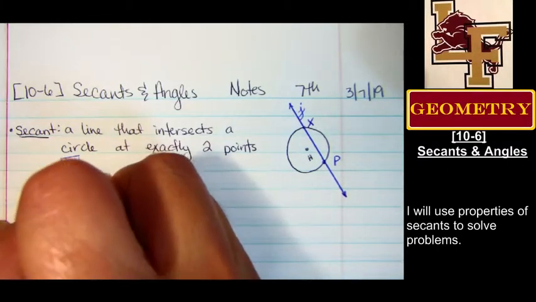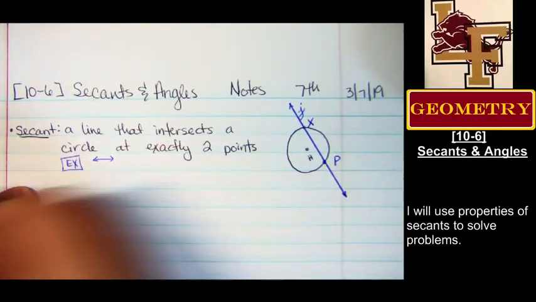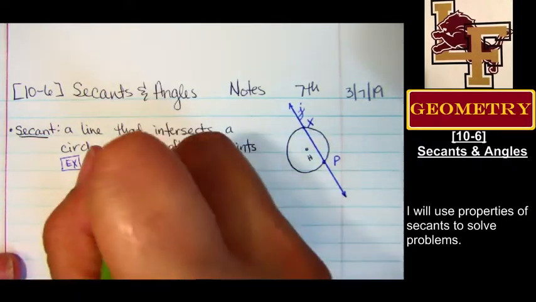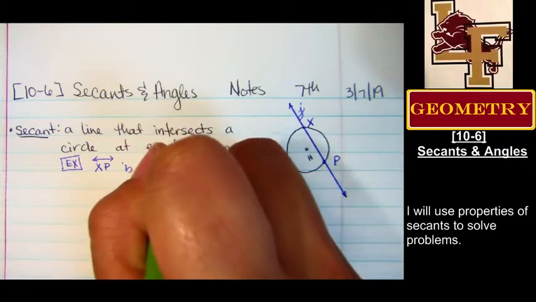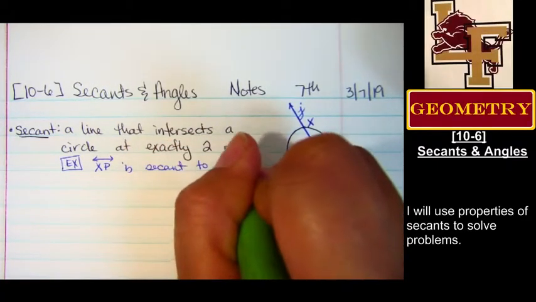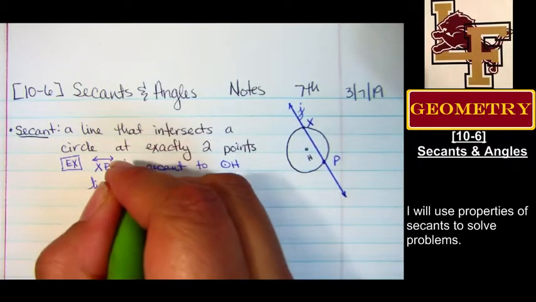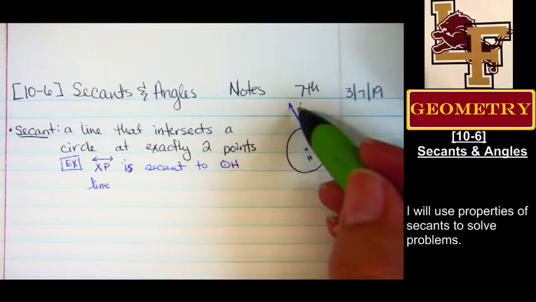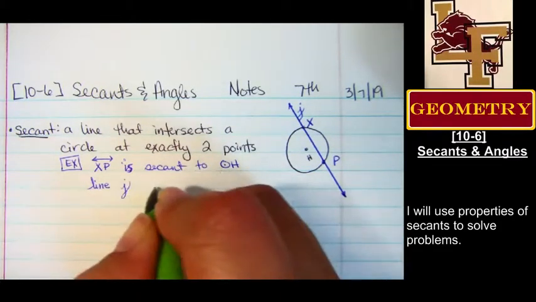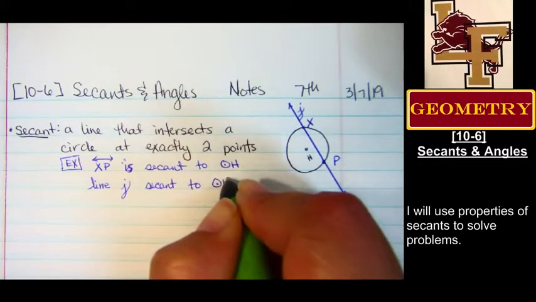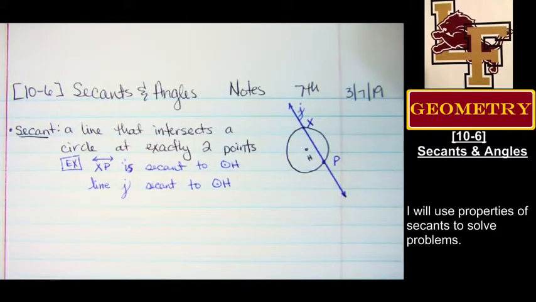All right, so I can write the name of the secant as line XP. I can use the 2 points that are on this line in order to name the line. So this line is secant to circle H. Or I can write the word line, and then use that lowercase cursive letter: line J is secant to circle H. You could write that either way and still be correct.